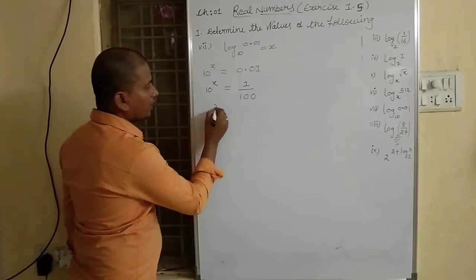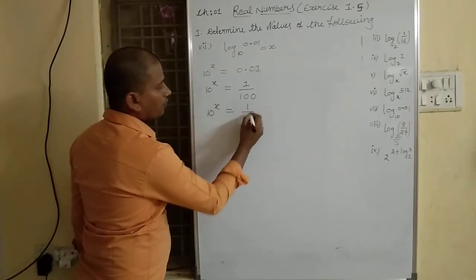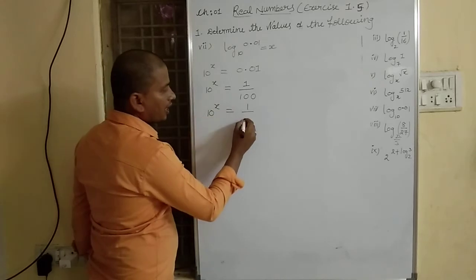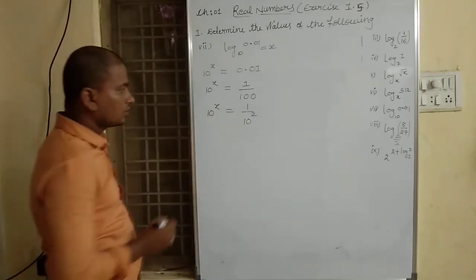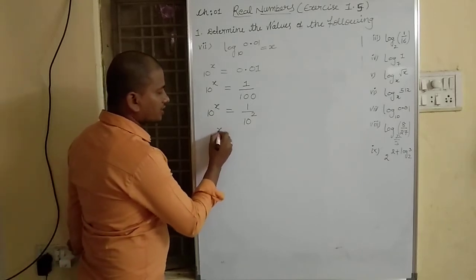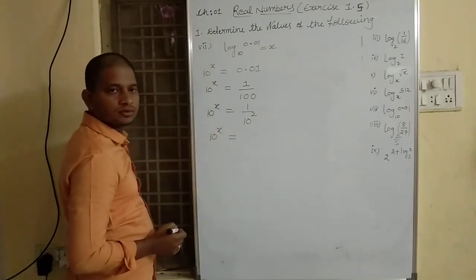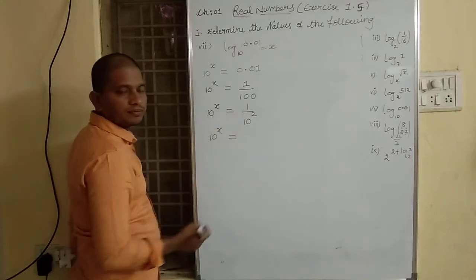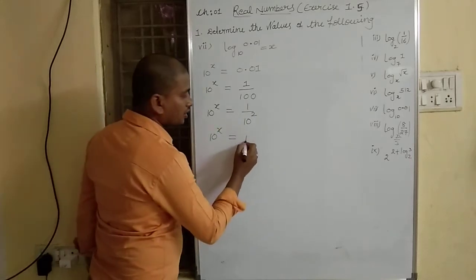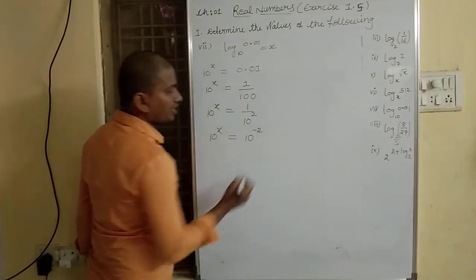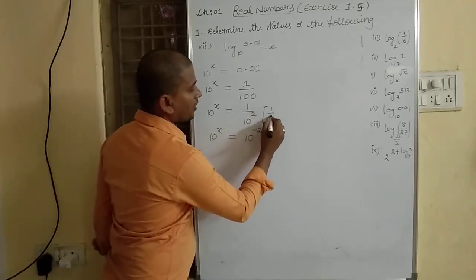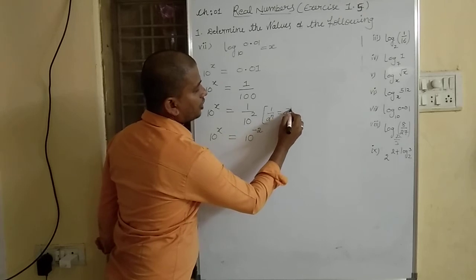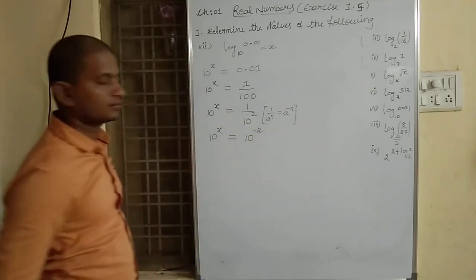So 10 to the power x equal to 1 by 100, I can write as 1 by 10 square. I can write that as 10 to the power minus 2, because 1 by a power n I can write as a to the power minus n.